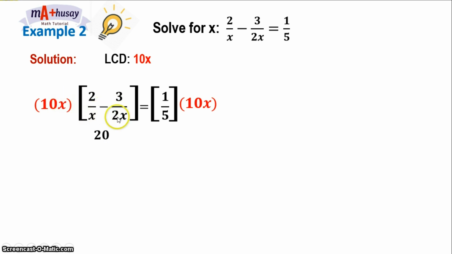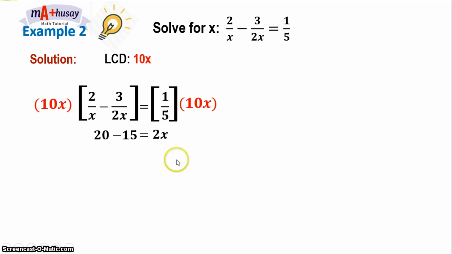Pwede din natin i-cancel si 2. Pero, ang 10 divided by 2 is 5. So, kaya 5 times negative 3 is negative 15. Pwede din 10x times 3, that's 30x divided by 2x. So, 15 na lang. So, sa right side of the equation, you multiply 10x with 1/5. So, 10x over 5, that's 2x.